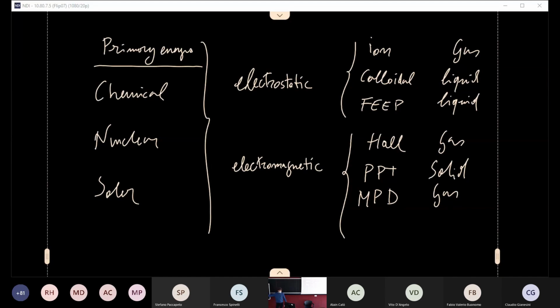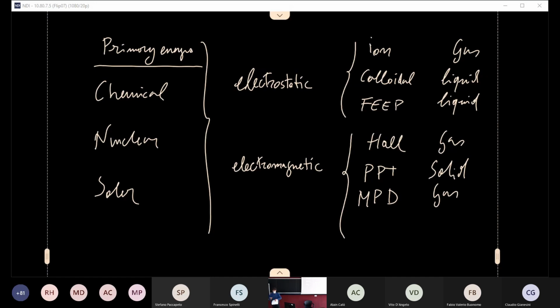Because, as usual, also in this kind of propulsion, what happens is that you are accelerating your propellant through electrostatic forces; in this case, the propellant is charged particles. As a reaction, these charged particles exert a force on your thruster.